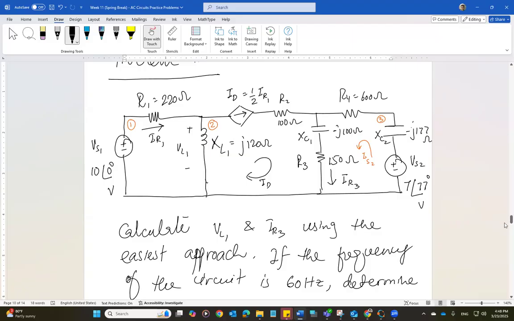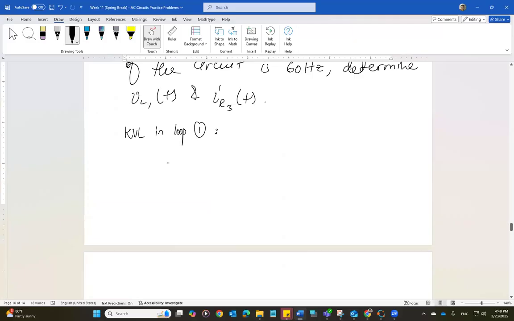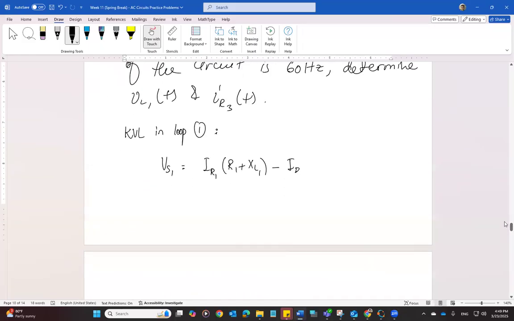So I'm going to write this down. VS1 is equal to IR1 times R1 plus XL1, minus ID XL1, right? It's passing through XL. So ID times XL.